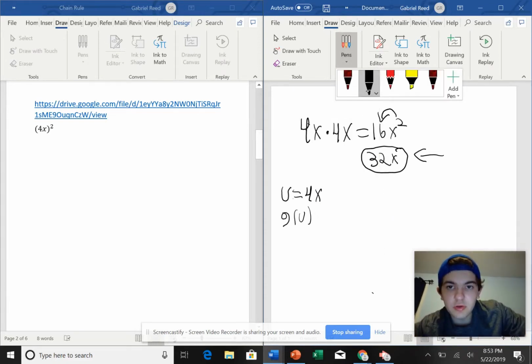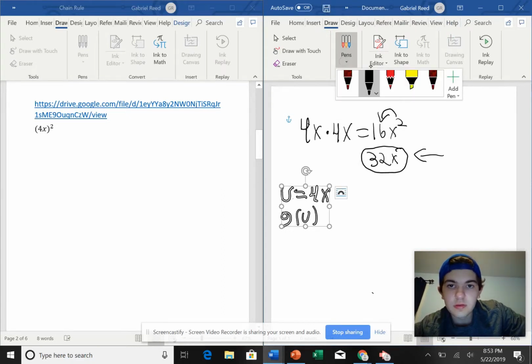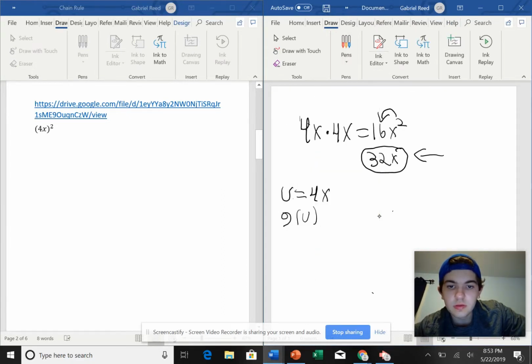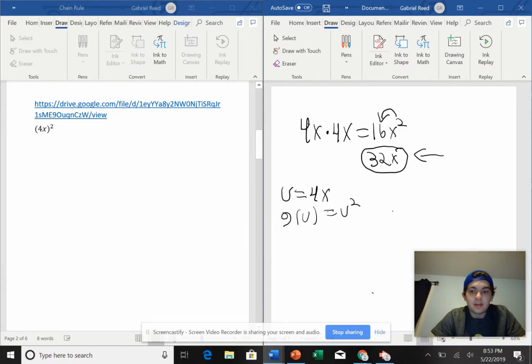And then I need an equation dealing with u that will make it just like this equation right here. So we already have our u value, and we need to do something that will make the 4x look just like this. So I'm going to say g of u equals u squared. Now I need to find the derivative of the two and then multiply them together.